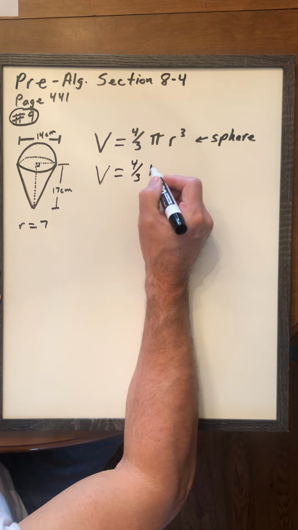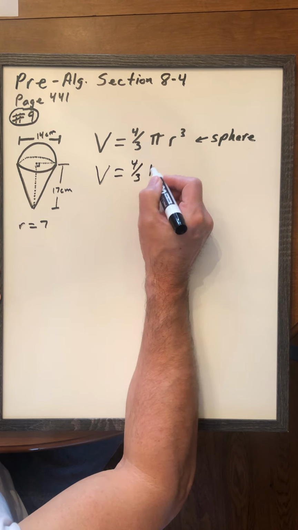So 1/3 pi, 7 squared would be 49, and then it would be times 17. And then I'm going to go ahead and take 49 times the 17, and so I get 1/3 pi, and then 49 times 17, that's going to be 833. And so now I have those two multiplied together, got 833.